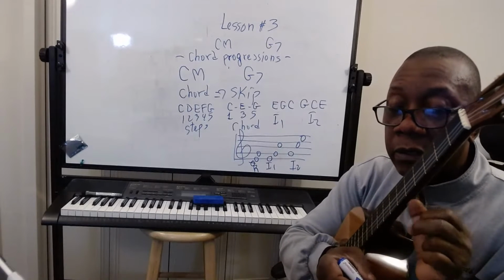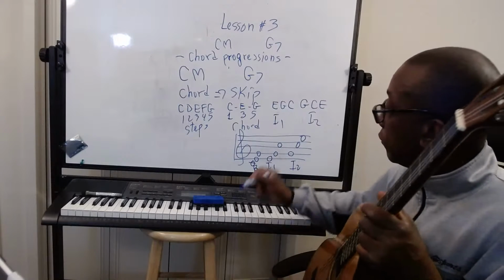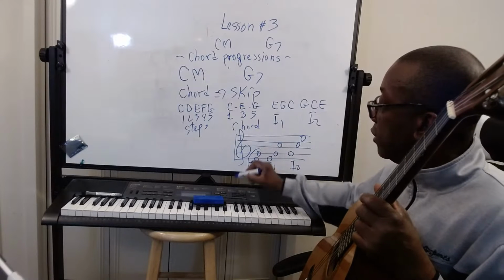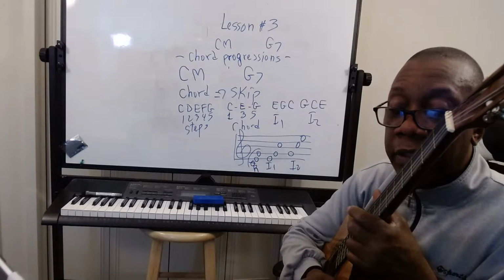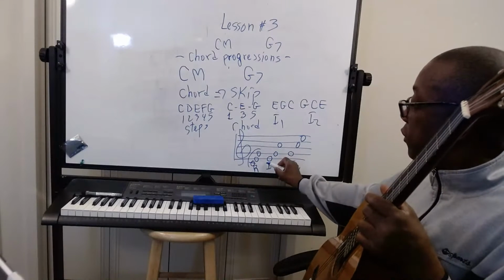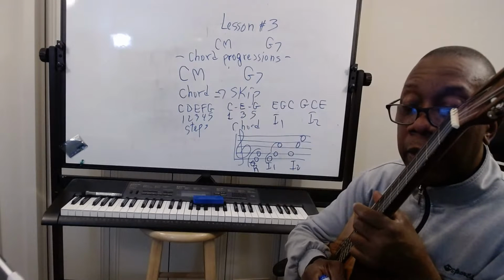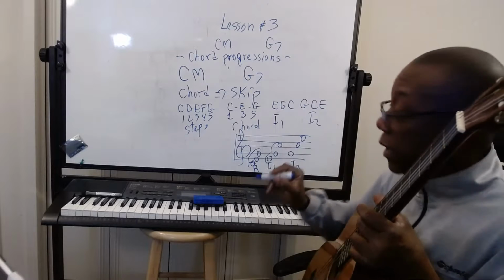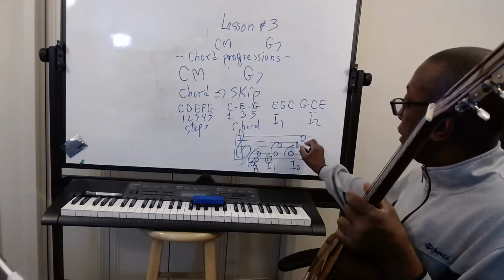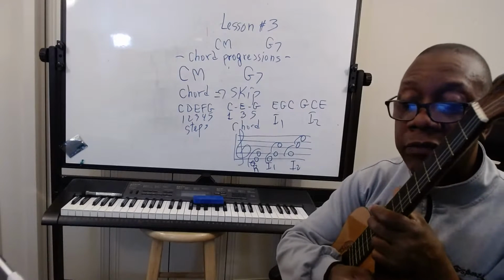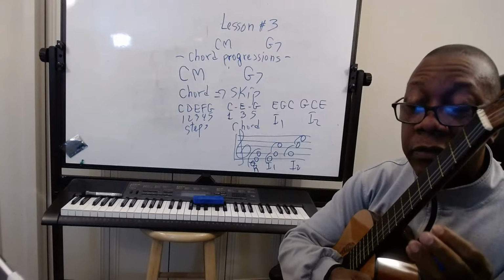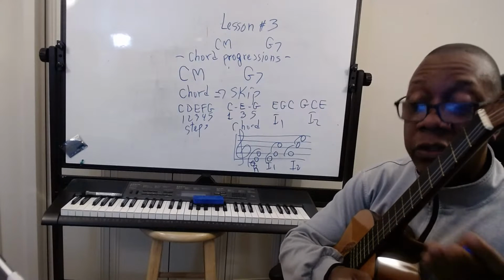If you look at the structure, the way they look, the root position, you see they are in thirds. They are very close to each other. The first inversion has a big gap at the top. The second inversion has a big gap at the bottom. That's how you know they are inversion 1 or 2.